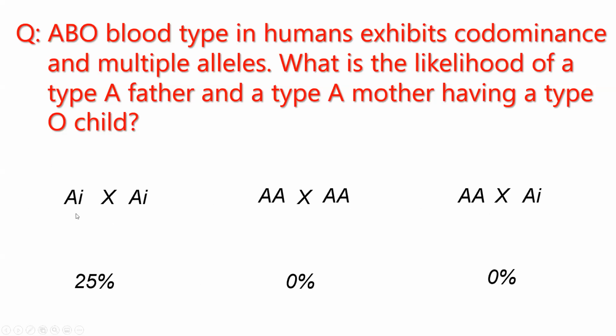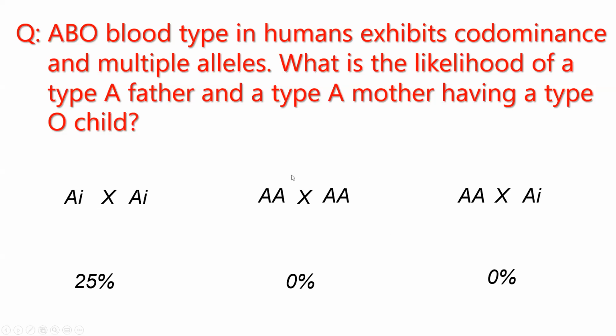The first possibility is that both the dad and the mother are heterozygous. If that is the case, there is a chance that in every single pregnancy, 25% of the time, the baby will be type O. So you will see O blood type if both parents are heterozygous in this case.